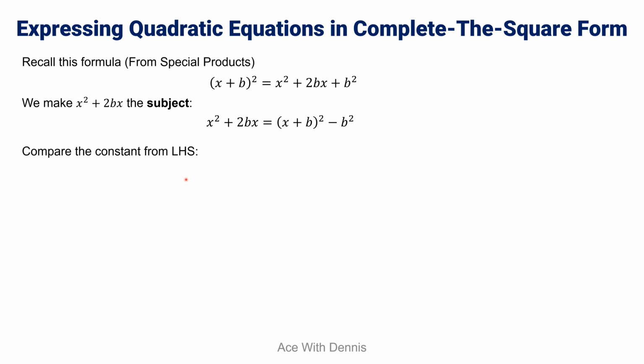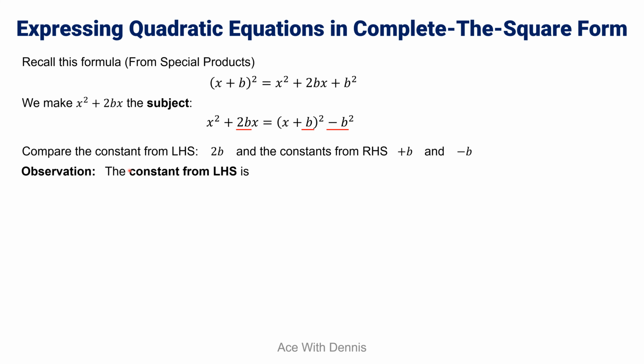Now from this equation, let's compare the constant for the left hand side. What we get is 2b, and the constant for the right hand side, we have this positive b and negative b. So what observation can we see from here?